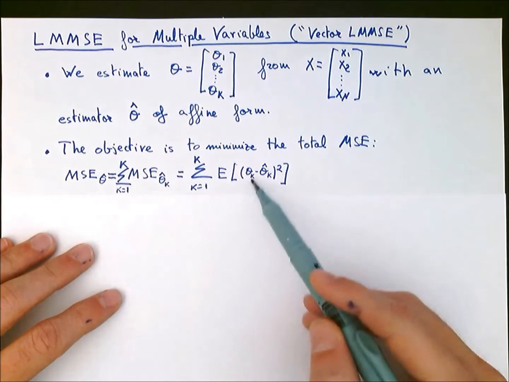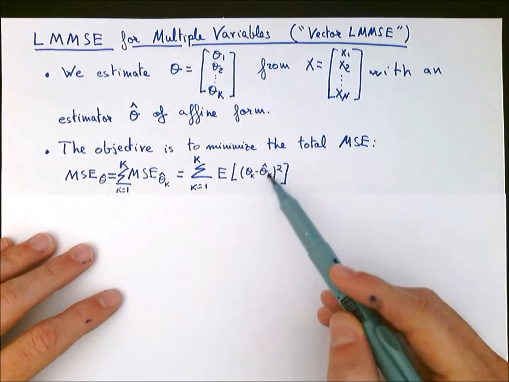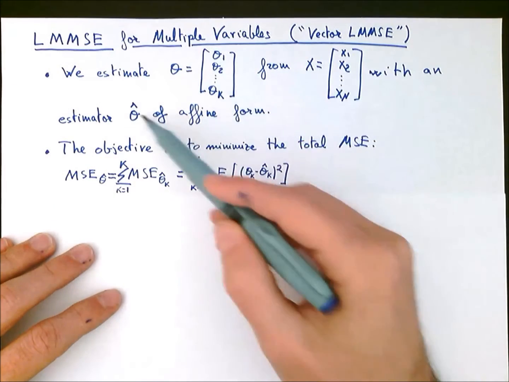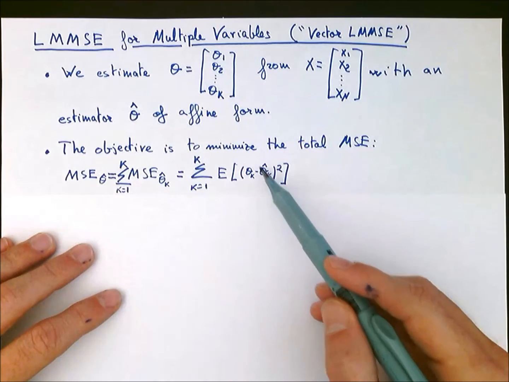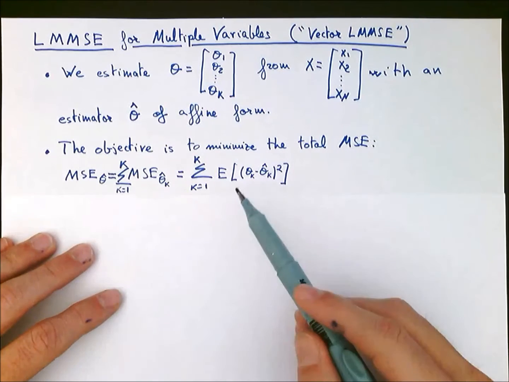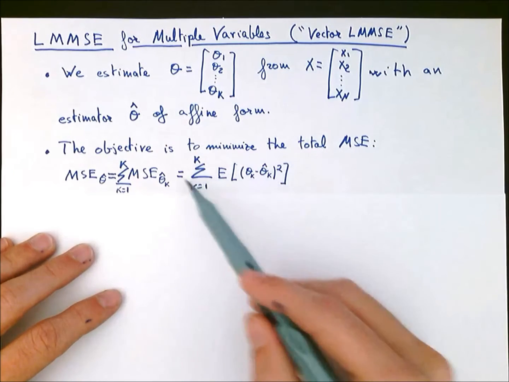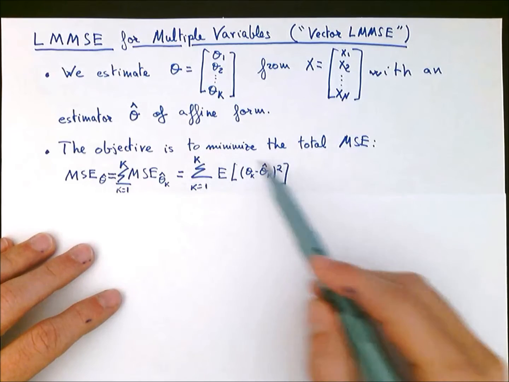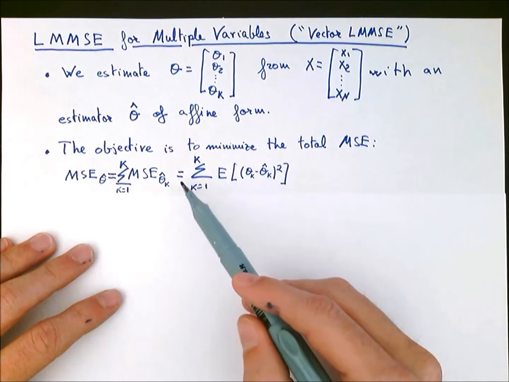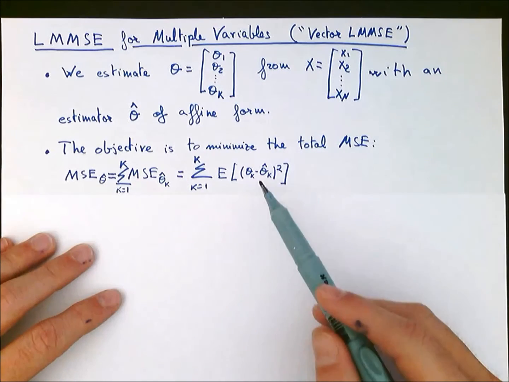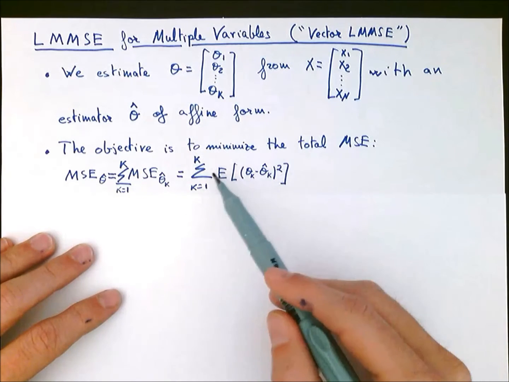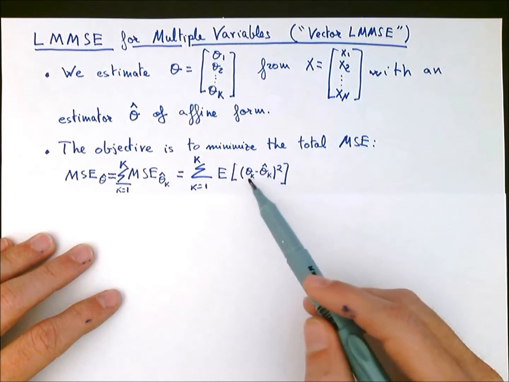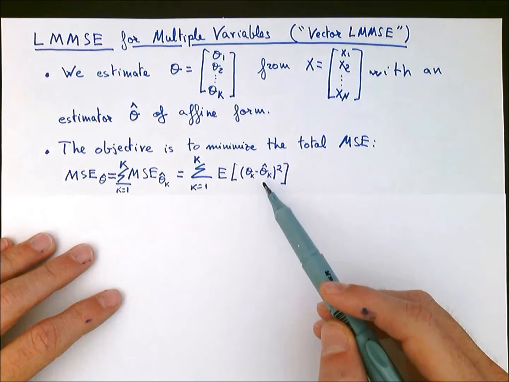From this expression, we can already see clearly that in order to minimize the total mean squared error, we would need to minimize the individual mean squared errors of each of the components of the estimated vector.